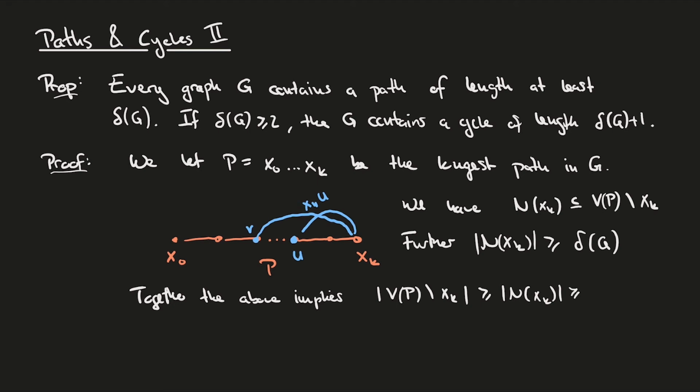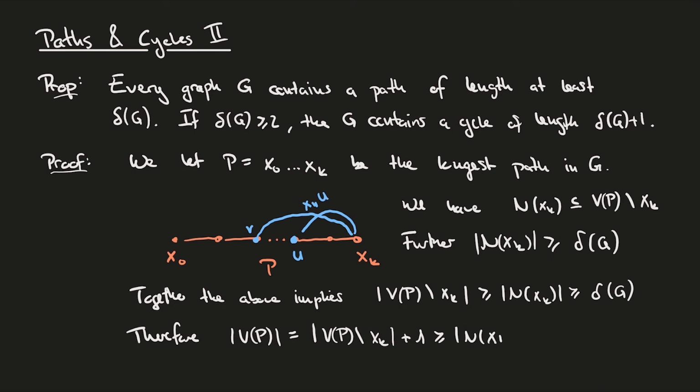And we know that this is at least delta G. Therefore, we have that the cardinality of the vertex set of P, which is equal to the cardinality of the vertex set of P without xk plus 1, because we know that xk is an element of the vertex set of P, is greater or equal than the cardinality of the neighborhood of xk plus 1, which is greater or equal than delta G plus 1.